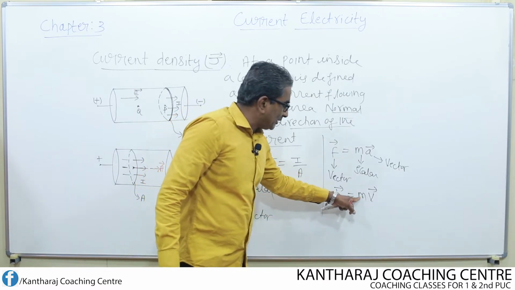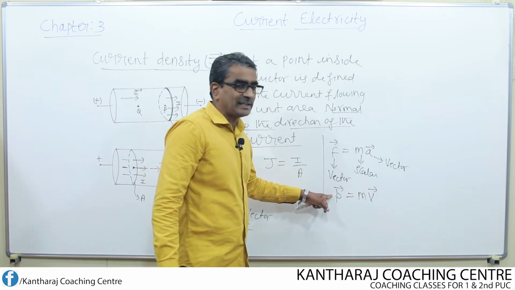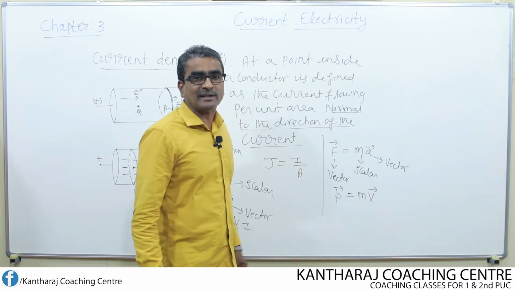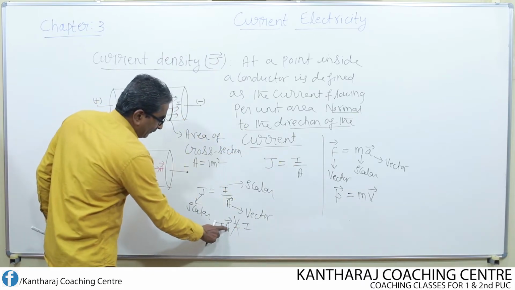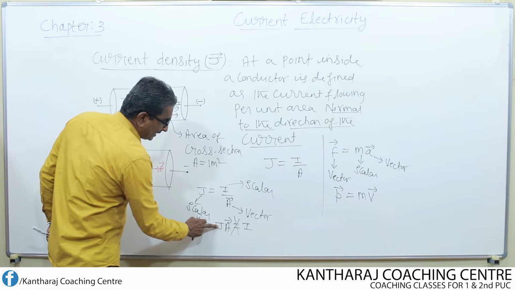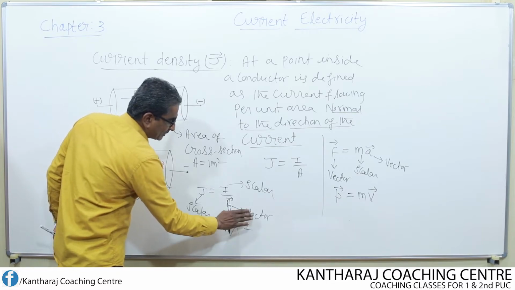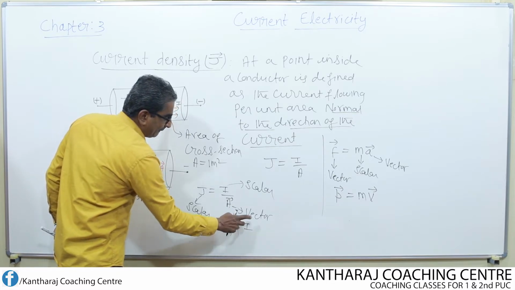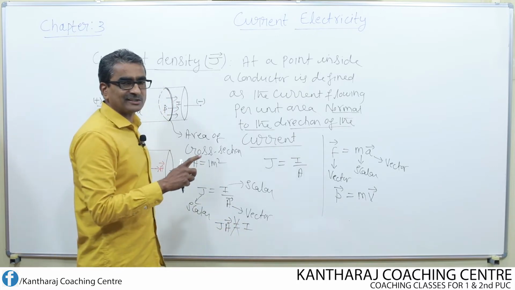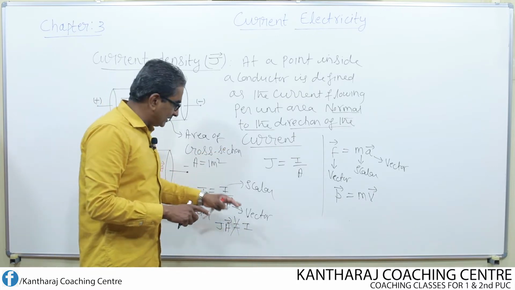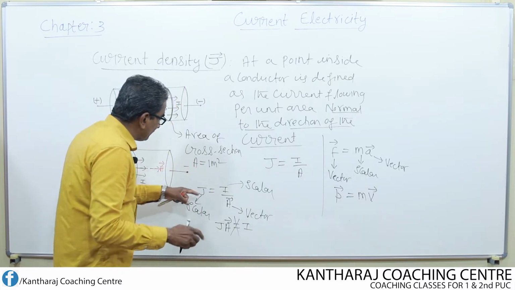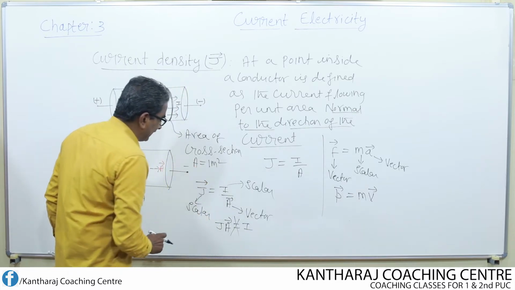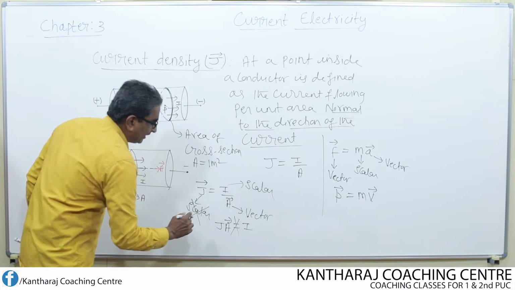So a vector multiplied by a scalar quantity is once again giving rise to a new vector. So that should happen. So here, if you multiply a vector by a scalar quantity, the result must certainly be a vector quantity, but we know that current is always a scalar quantity. So if you consider current as a scalar quantity, certainly now J must be a vector quantity. It cannot be a scalar.